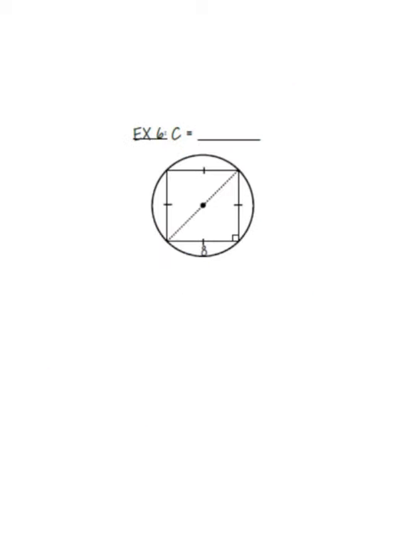Let's do an example. Here I have to find the circumference again. If one side is 8, and this is an inscribed square, that means that both sides are 8. Now, because this is a square, that means it's a 45, 45, 90 triangle. So I can use either the Pythagorean theorem or my rules for 45, 45, 90 triangles. I'm going to use my rules for 45, 45, 90s.